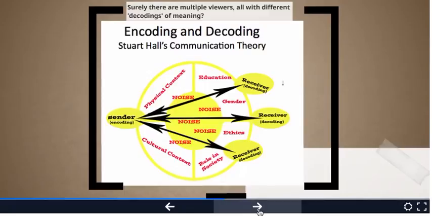And if we look at this idea of encoding and decoding, Stuart Hall is a major theorist in this area, and what he's really saying is that there are multiple viewers, and they have multiple decodings of meanings.